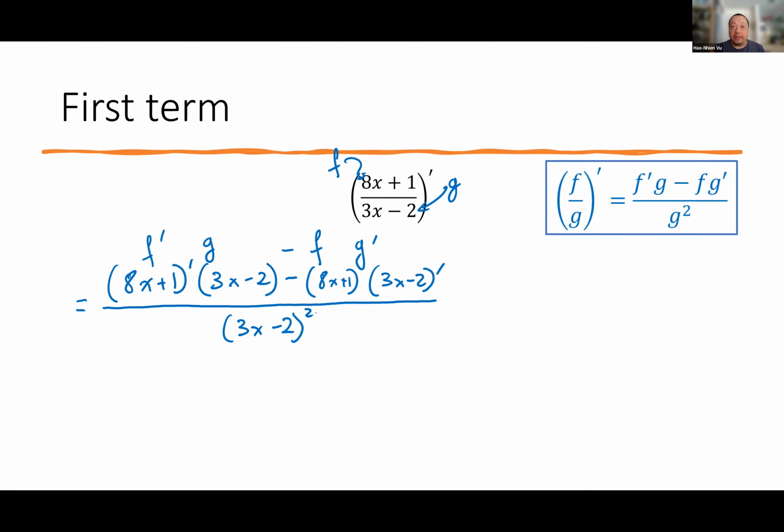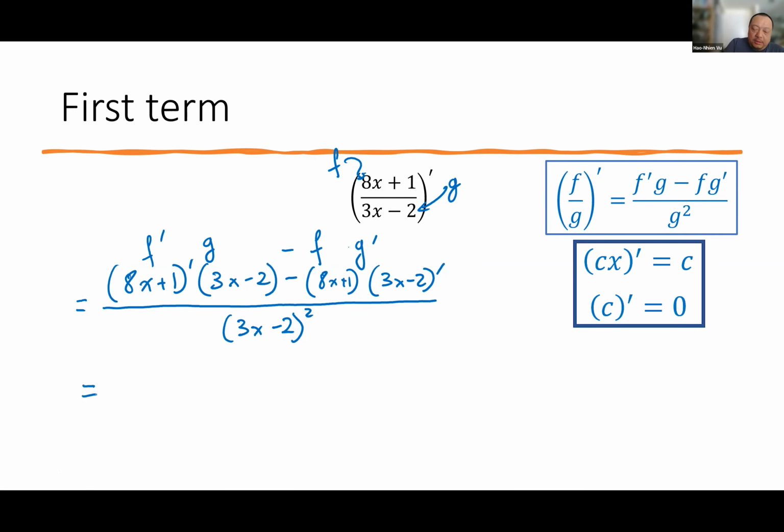So from the outside in, the outside is a big quotient, so I apply the quotient rule. And now I go into the detail. There's the derivative of this, and there's the derivative of that I need to take care of. Derivative of 8x plus 1. Derivative of 8x is just 8. Derivative of 1 is 0. So the derivative of 8x plus 1 is just 8.